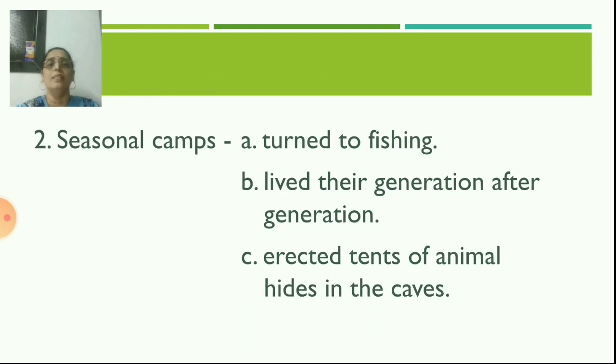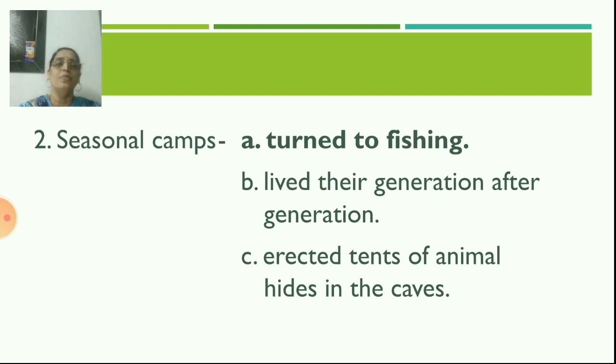Okay. Now the next, second, seasonal camps. And the options are A. Turned to fishing, B. Lived their generation after generation, C. Erected tents of animal hides in the caves. And your right answer is A. Turned to fishing. So, second is seasonal camps, and the answer is A. Turned to fishing. Okay.